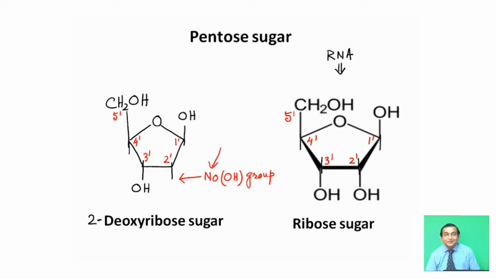On the other hand, in case of ribose sugar, in the 2' position one hydroxyl group is present. So this is the difference between DNA and RNA. RNA is single-stranded and ribose sugar is present, and instead of thymine, uracil is present. On the other hand, DNA is a double-stranded structure.